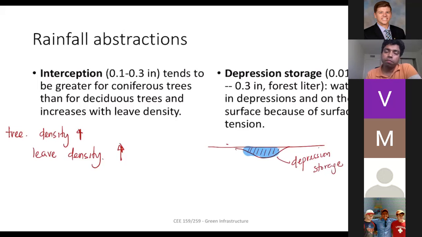Just because we call it depression storage doesn't mean a flat surface will not retain any water. If you have a flat surface that is bare land, and then you have grass, in between the grass there is a lot of water that can stay.